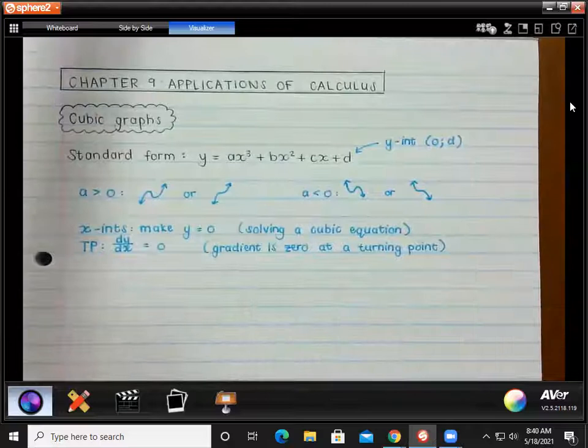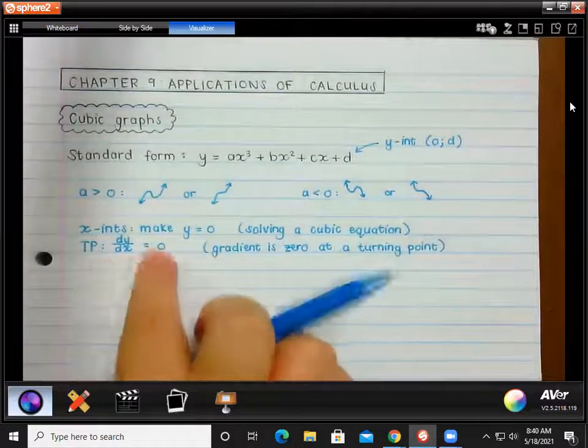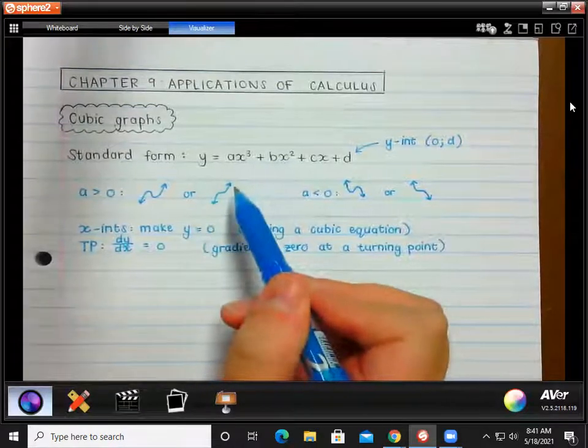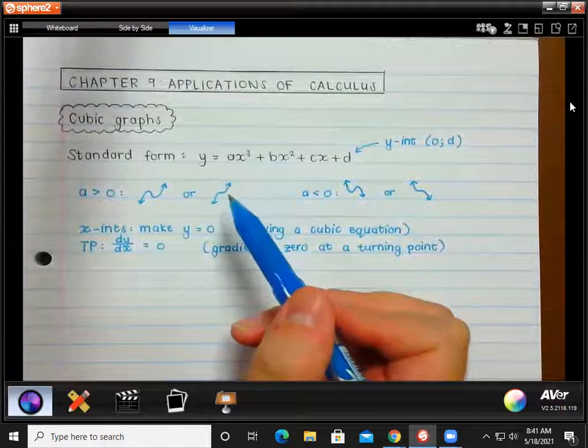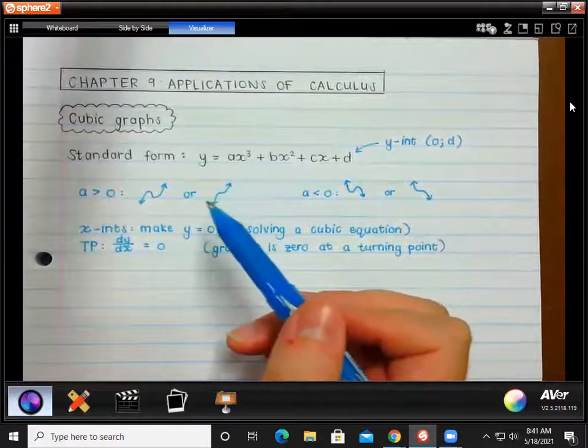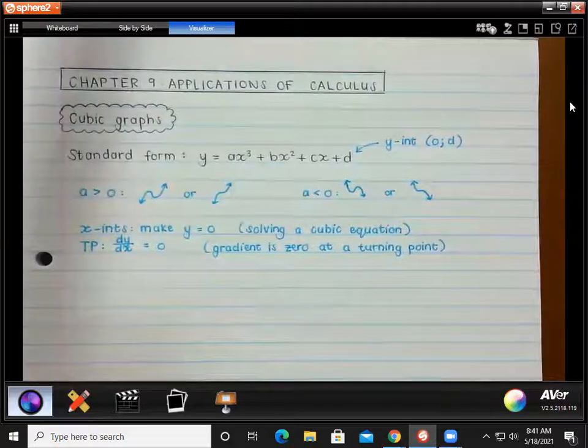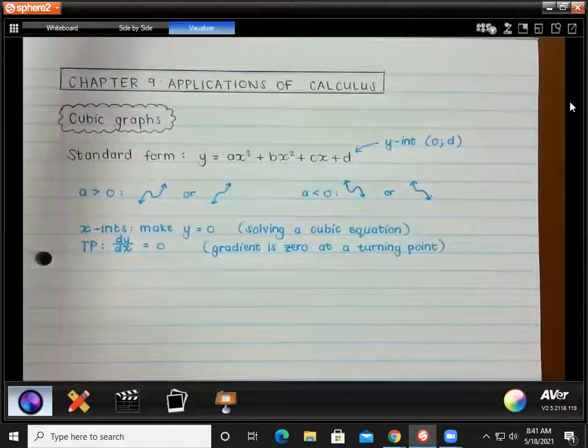If you get something like x minus 2 equals 0 when you solve the derivative equal to 0, then your graph will look like this. We just do a little flat part instead of making it go straight through that point, to show that there are technically 2 turning points on 1 point.